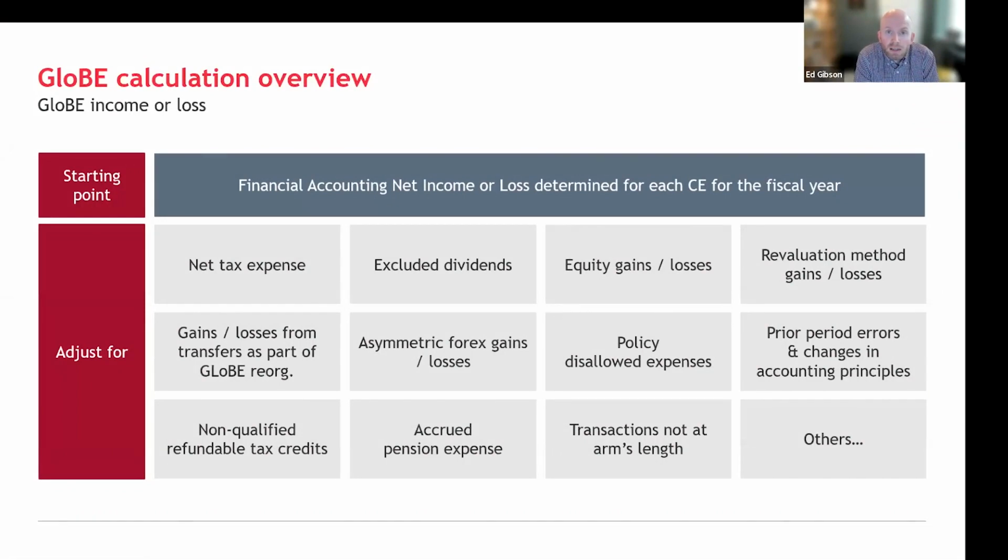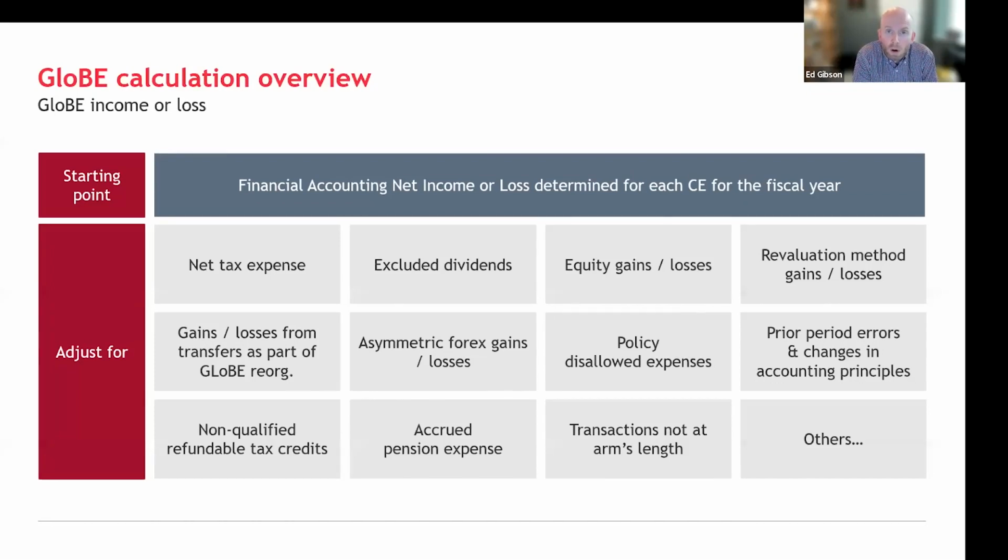Financial accounting net income or loss is the net income or loss for a constituent entity before any consolidation adjustments, eliminating intragroup transactions, that's used in preparing the consolidated financial accounts of the parent entity. So it's not your local company stats, it's your consolidation numbers effectively.